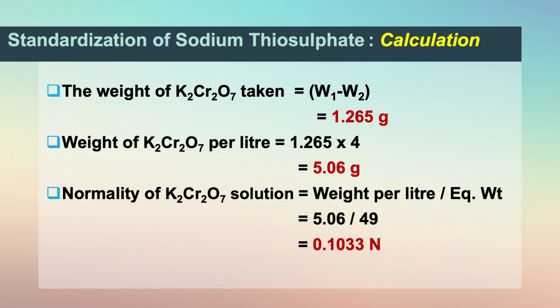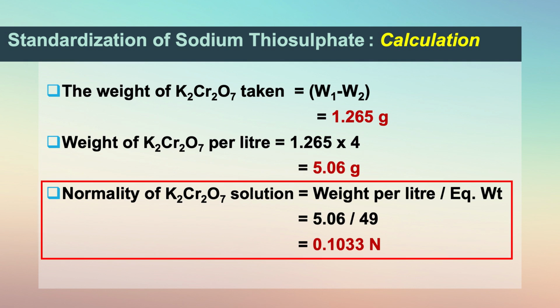Weight of K2Cr2O7 per liter is obtained by multiplying this quantity by 4, since you are transferring this 1.265 gram of potassium dichromate to 250 ml. So, the weight per liter, weight per 1000 ml, is obtained by multiplying this quantity by 4 and you will get a value of 5.06.